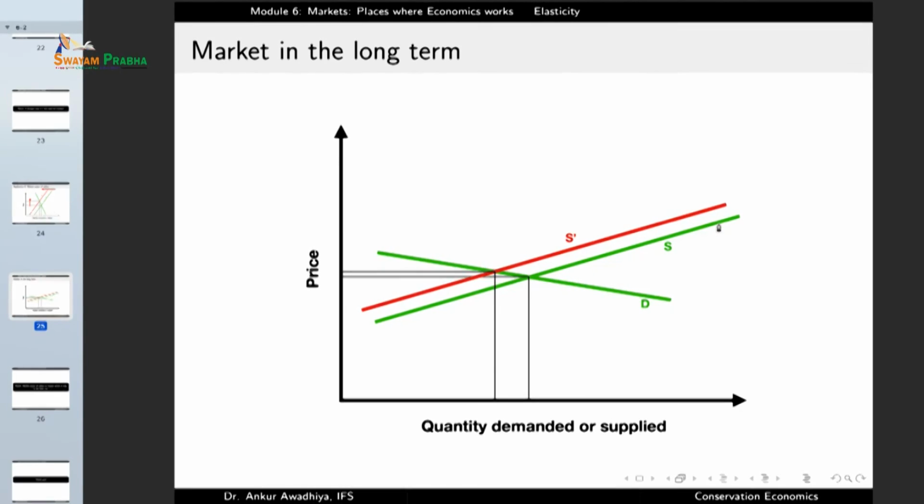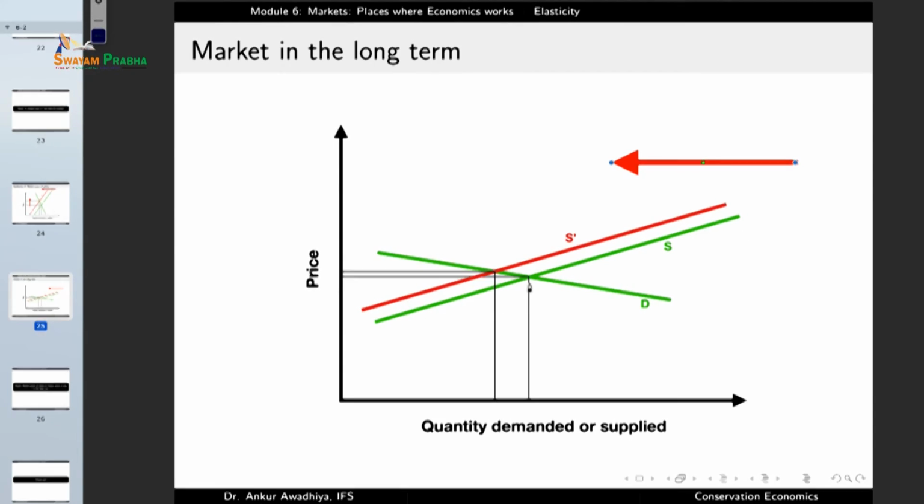degrees line. Now, in the long term, when this happens, when you have an elastic demand and an elastic supply, what happens now? Again, if the seller tries to reduce the supply, in this case, the curve is shifting from this green line to the red line. So it is shifting to the left, which means that there is a change in the supply.